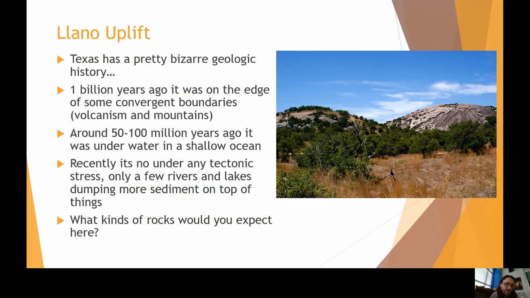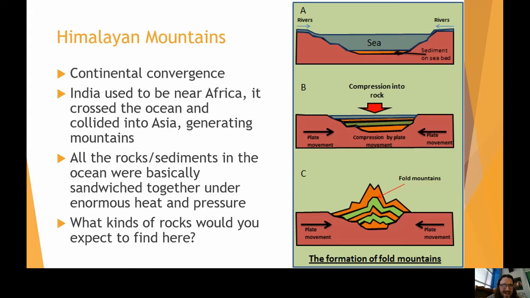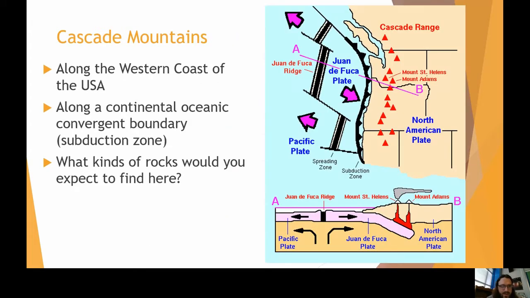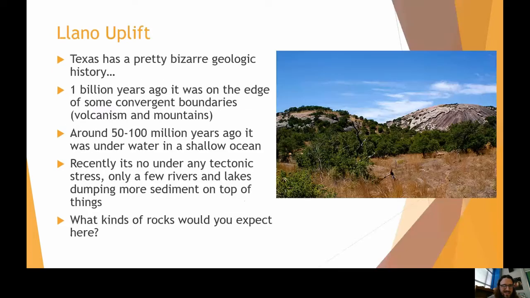All right, so that's a bit of a strange geologic history, and a lot of places in the world have these similar things. The previous three locations were very active locations. We're talking about places where active lava is going and very active tectonic locations. Texas is not all that active. So a billion years ago, it was on the edge of some convergent boundaries.